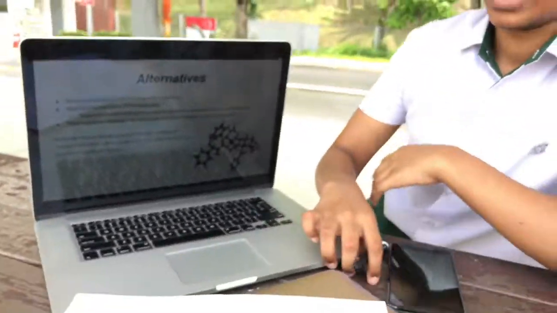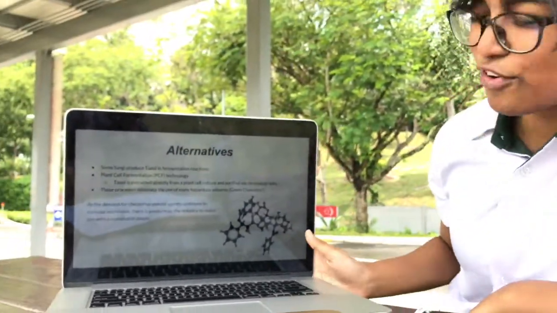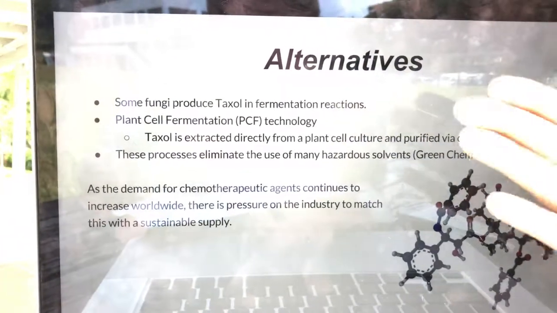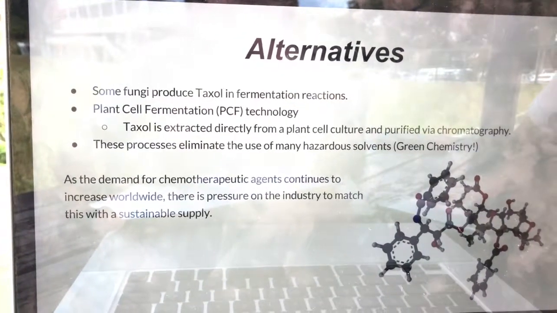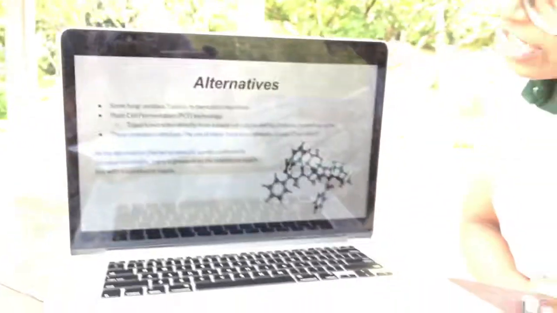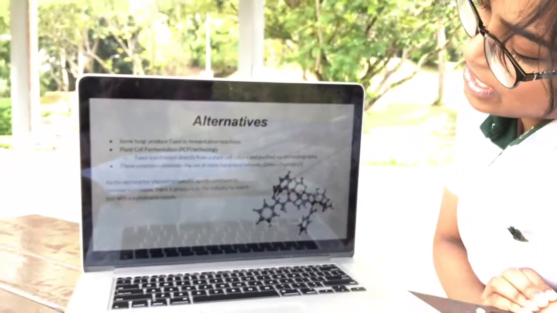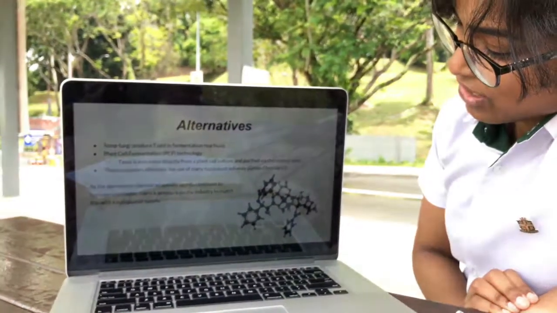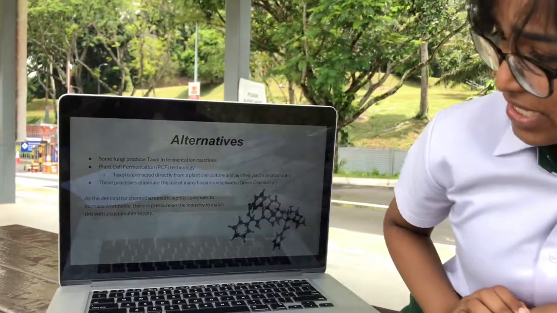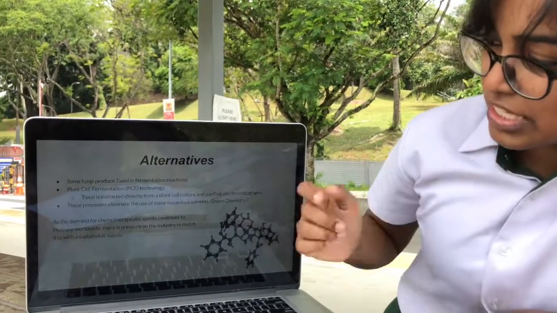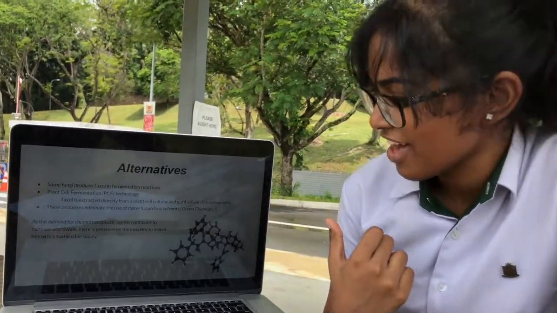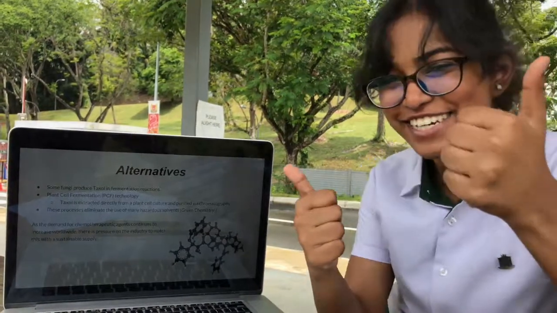Okay. So we have some alternatives for producing Taxol. They found some fungi that can produce Taxol in fermentation reactions, and we also have plant cell fermentation technology, where the Taxol is extracted directly from a plant cell culture and purified via chromatography. These processes are good because they eliminate the use of many hazardous solvents, which is green chemistry.